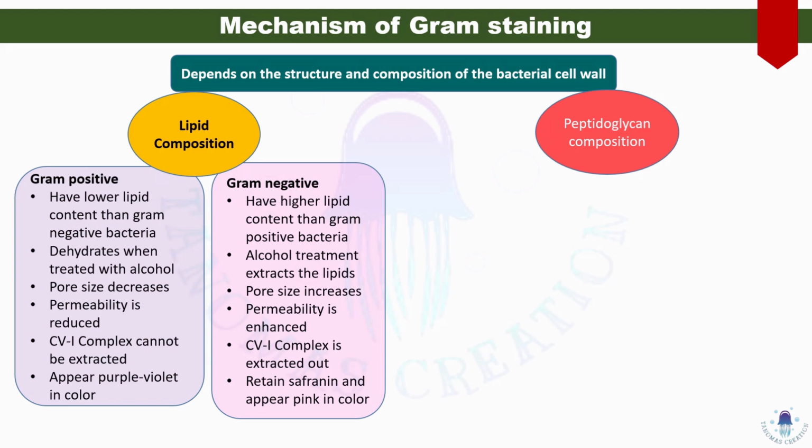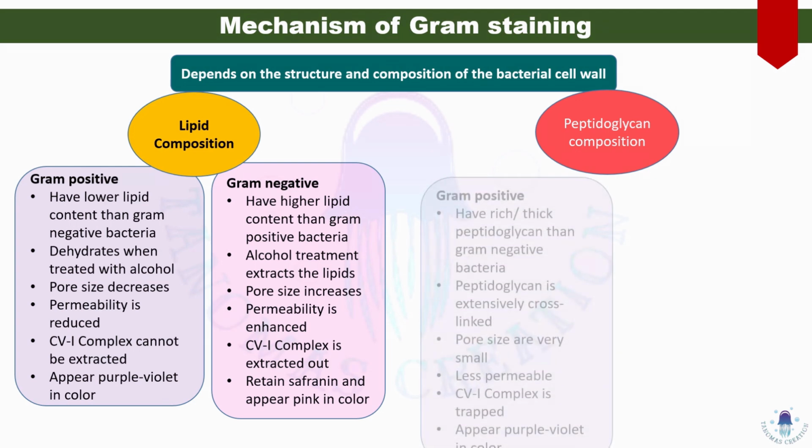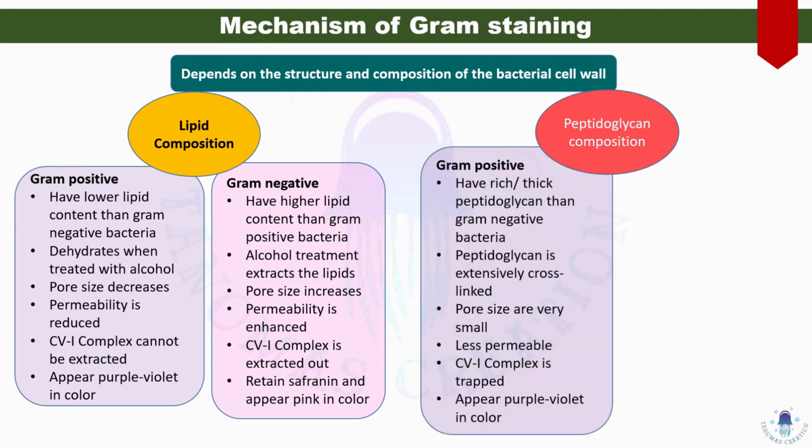The alcohol treatment extracts the lipids. So the pore sizes increase, permeability is therefore enhanced, and the CVI complex is completely extracted out. Therefore, they retain the safranin and appear pink in color. So this is the first theory that we know.